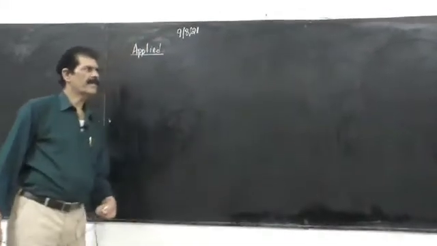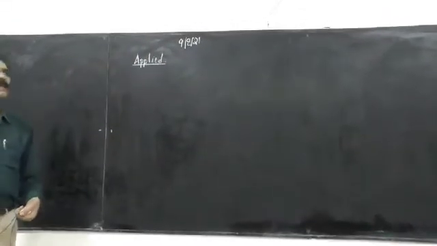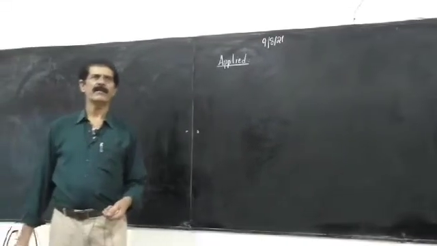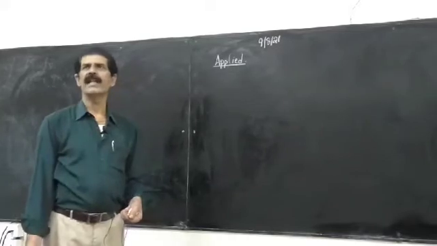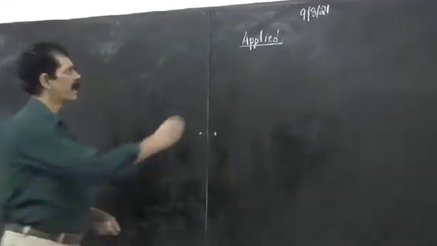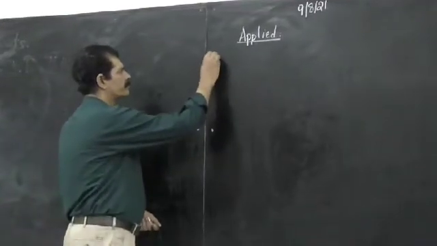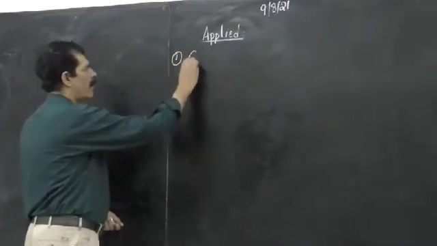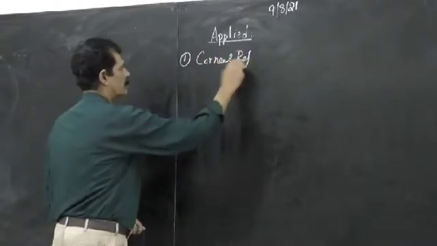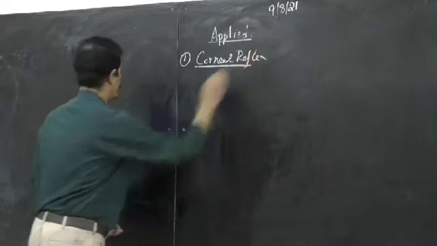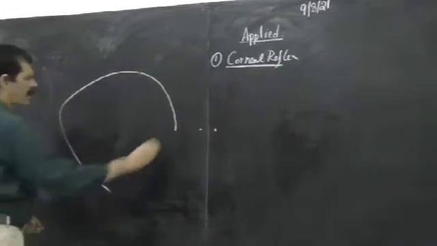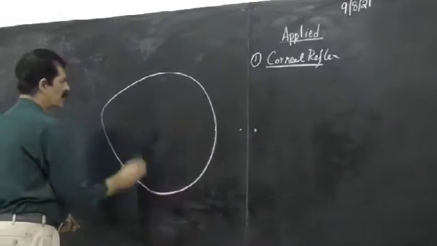So in the applied, we have done how the optic nerve, optic tract, optic chiasma at the different levels. Other reflexes which are related to the eye, they are corneal reflex. As we know, eye is very sensitive. The cornea part is very sensitive part of the sclera.